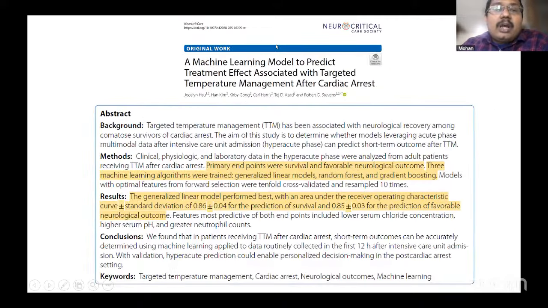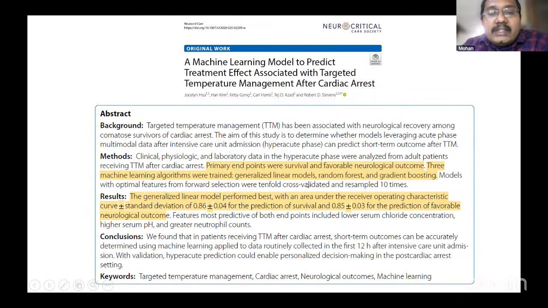So now we have got artificial intelligence and machine learning models. In one of the studies, they've used three machine learning models, which are generalized linear models, random forest, and gradient boosting.